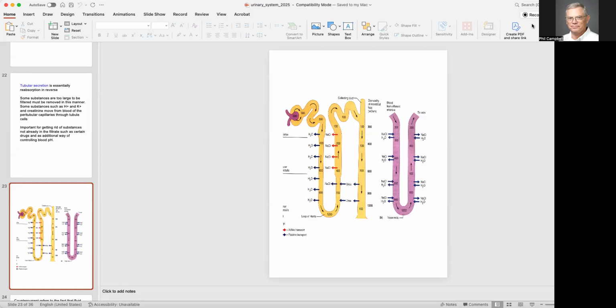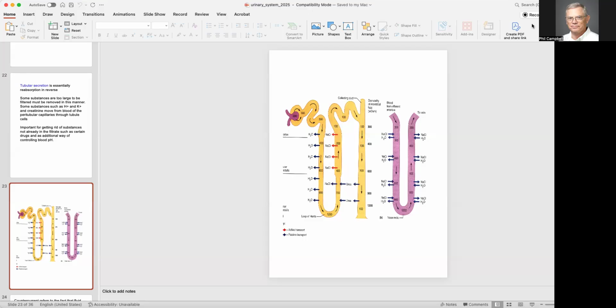Remember, the descending loop of Henle is permeable to water. But what's going to influence water leaving that tube is that it needs to go down its concentration gradient. It's at 300. What happens as it gets over here and maybe it's up to around 400? That means there's less water on the outside.